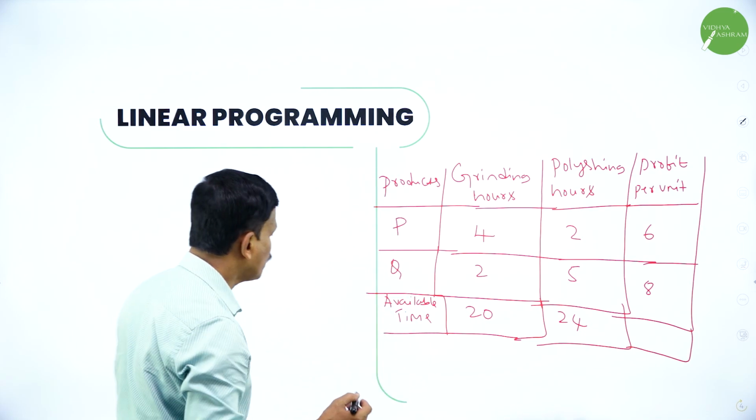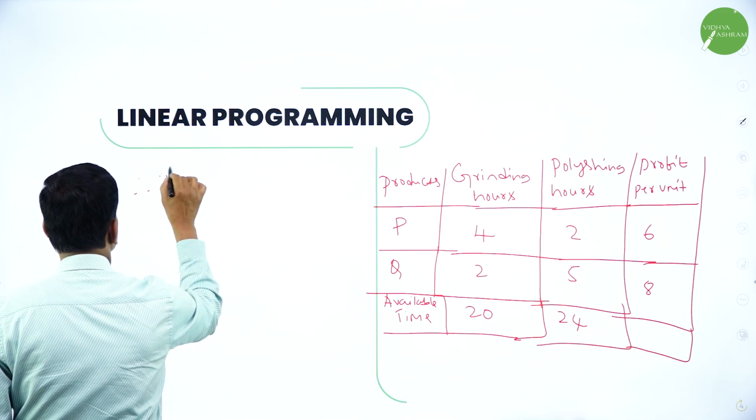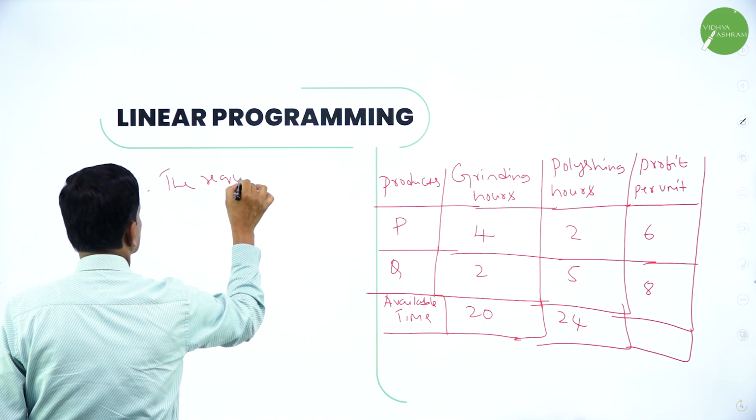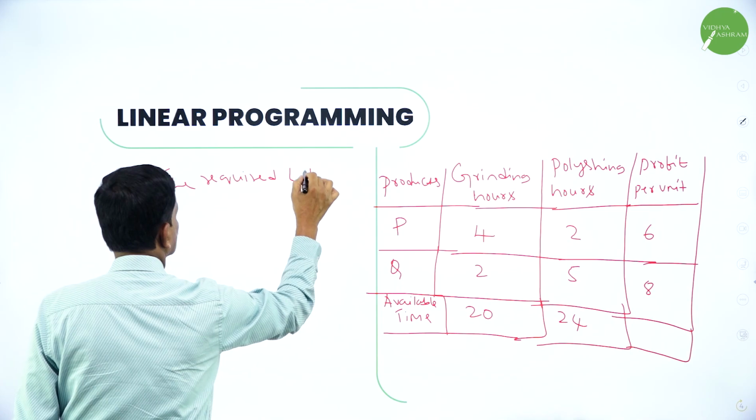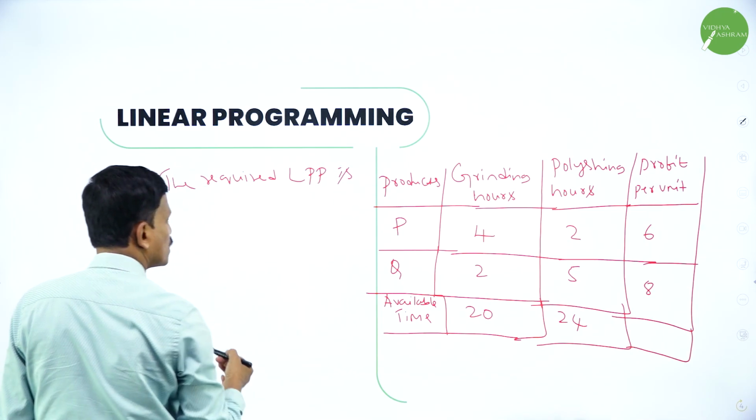Now therefore the required LPP is: what is the objective function?